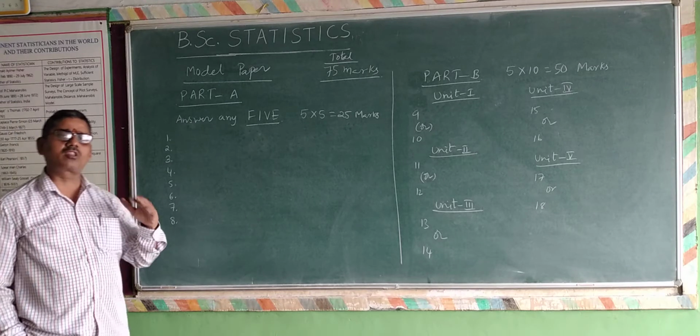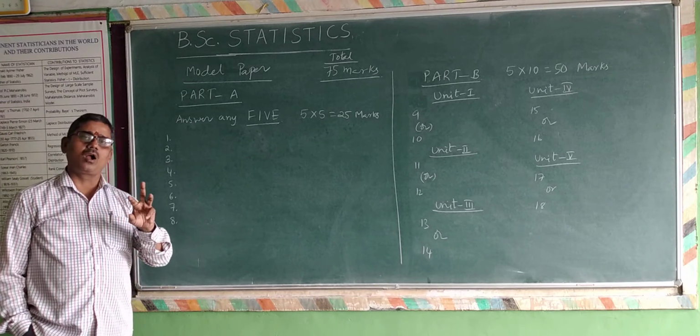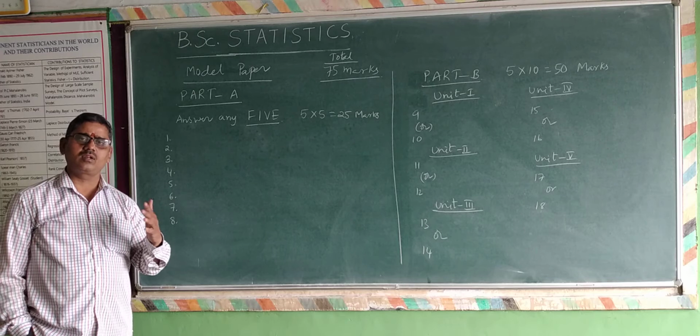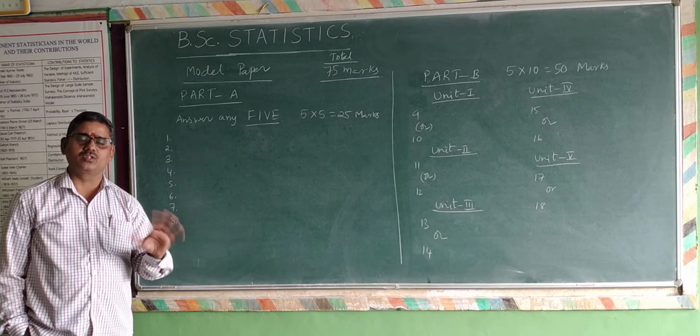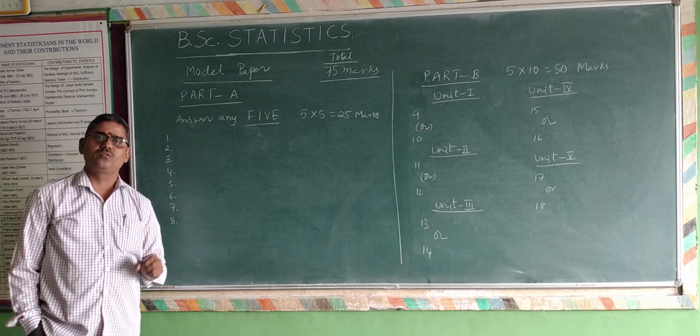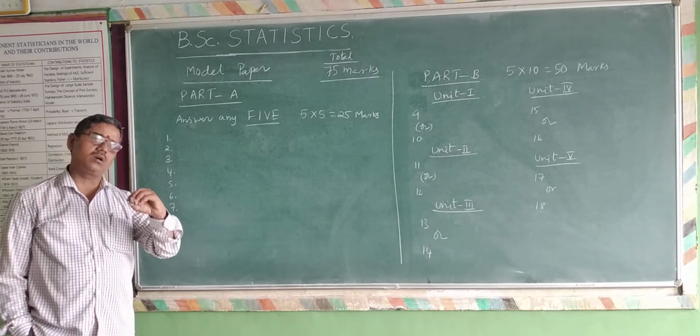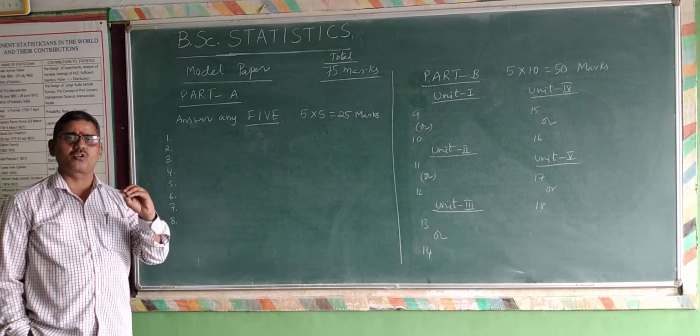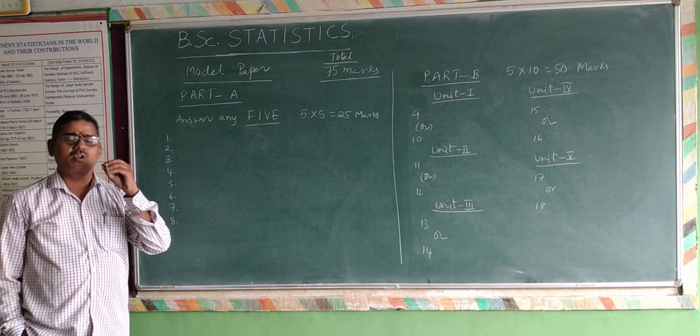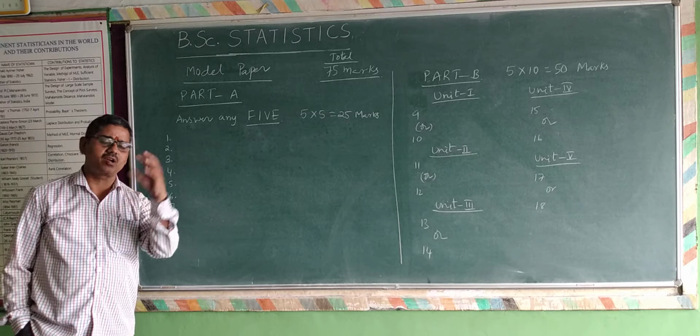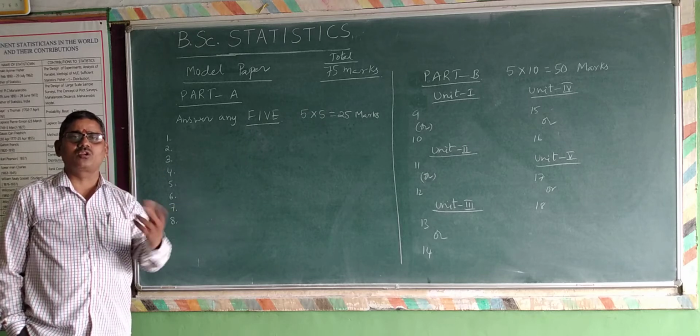So for 3 units you will get 2 questions, and from the remaining 2 units you will get 1 question each, the usual pattern. So if you read 3 units completely, we are not sure that for whichever 3 units you have prepared, you may not get 2 questions.